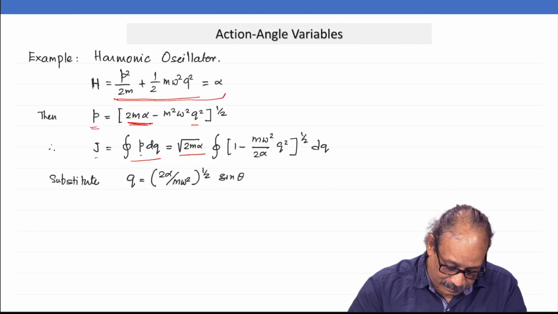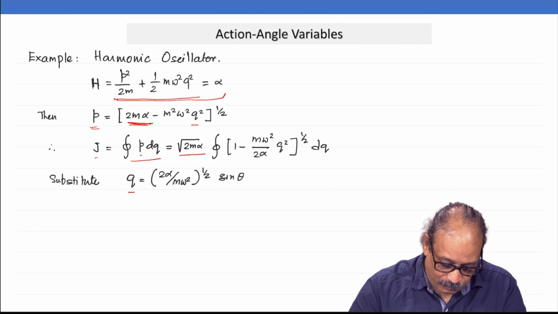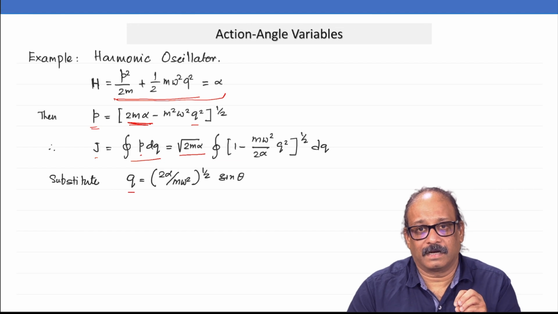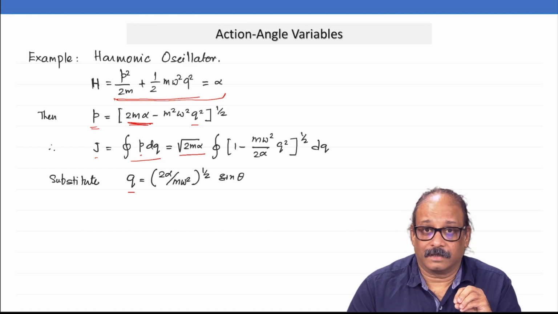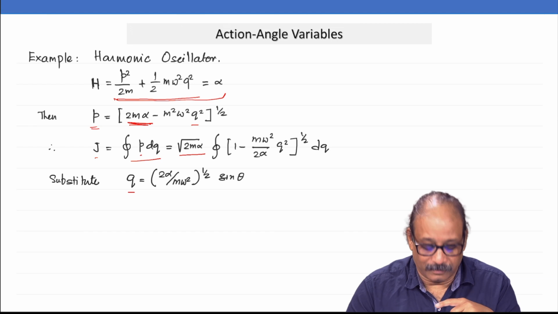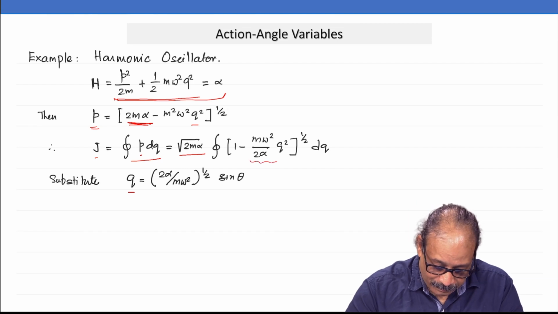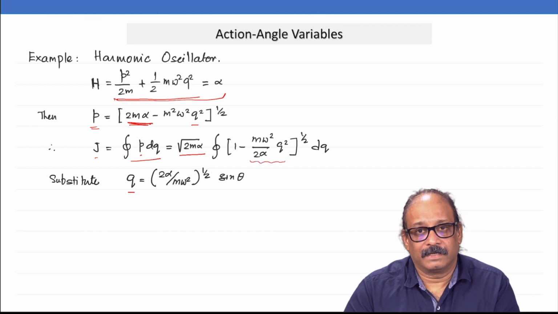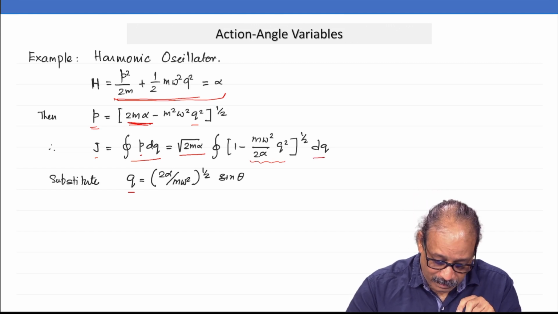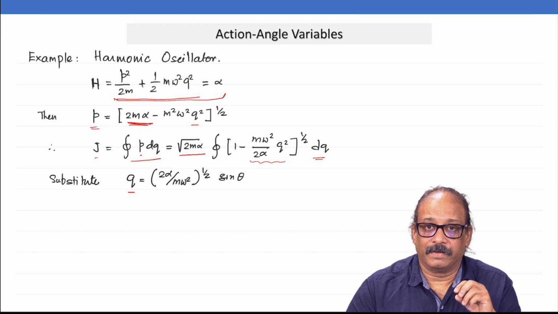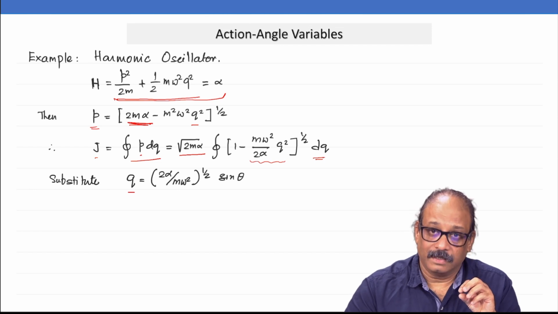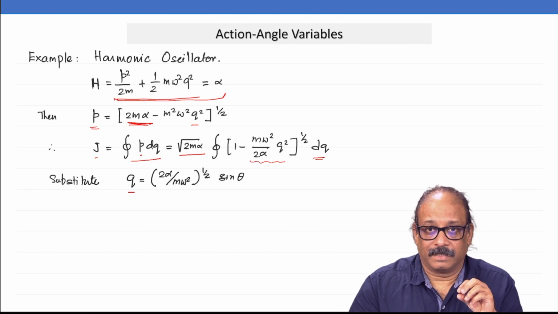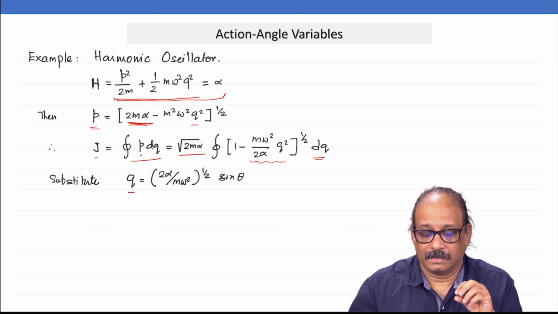So, I will substitute q as 2 alpha by m omega square to the power half into sin theta. Now, the integration is straightforward. This will become sin square theta, 1 minus sin square theta will become cos theta, and what would be your dq? dq will be equal to a constant multiplied by cos theta d theta.